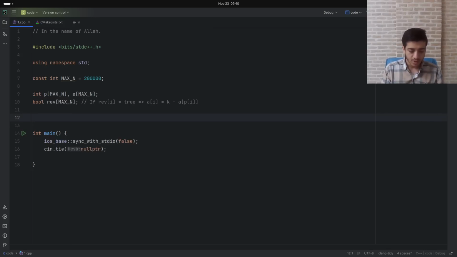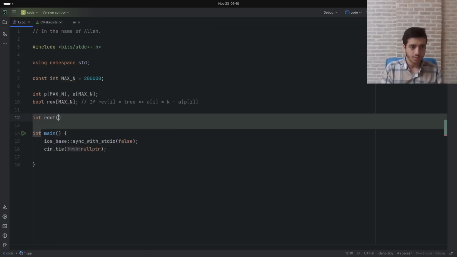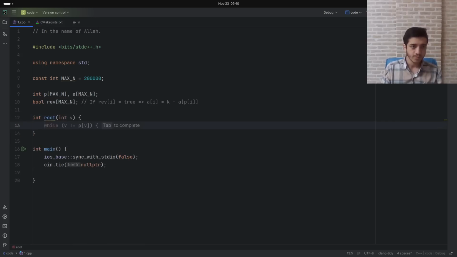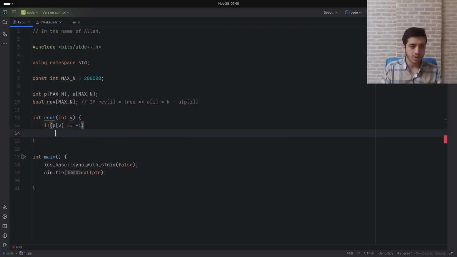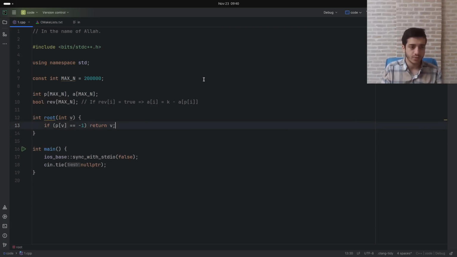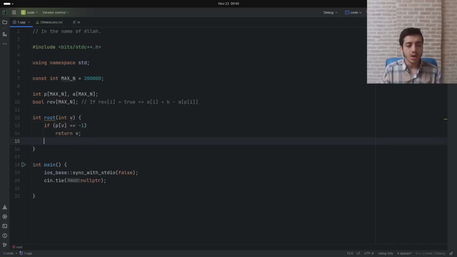First of all, we need to implement the function root. If there is no parent for v, that's easy. We just proceed with returning v. That's it.